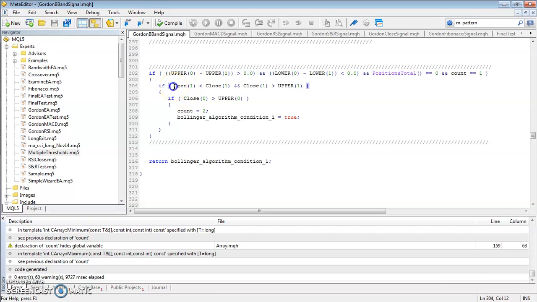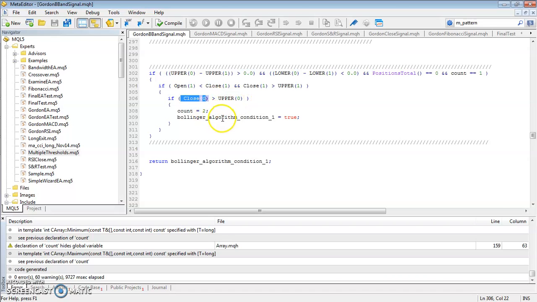Let's see, the previous candlestick's open is less than its closing price, and the closing price is greater than the upper band value. That means the previous candlestick should be going up and breaking through the upper band, and the current candlestick closing should be greater than the upper band.